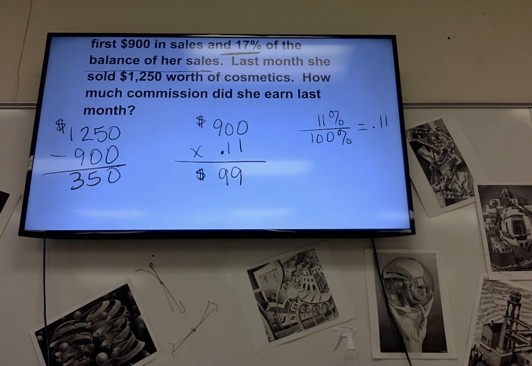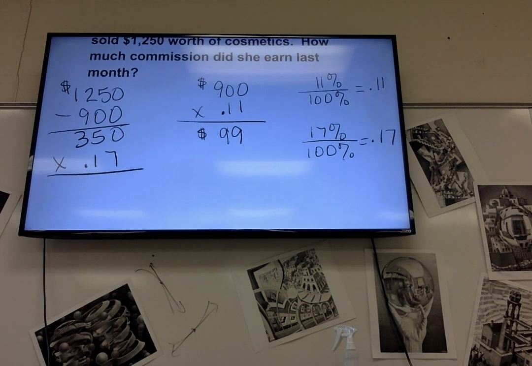She's going to get 17% of $350. 17% divided by 100, 0.17. Kendra, tell me what you get when you multiply 350 times 0.17. 59.5. Yep.